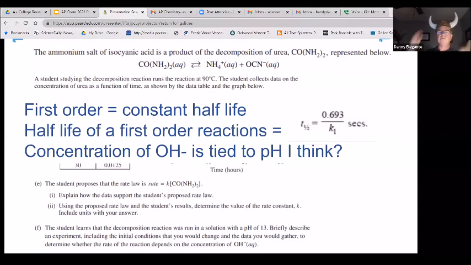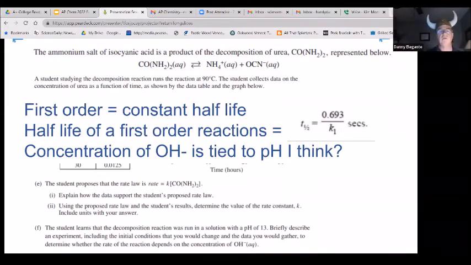And the concentration of OH is tied to pH. I think pH has something to do with OH concentration. Seems like that's related. So it told me it was a pH of 13.